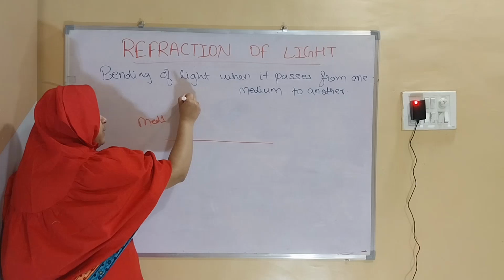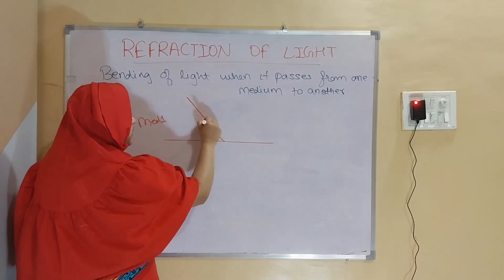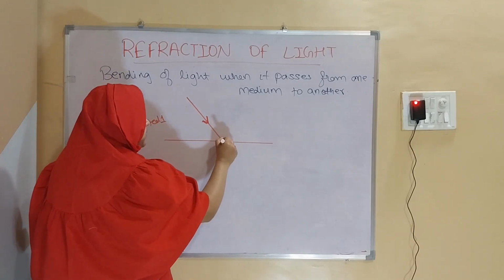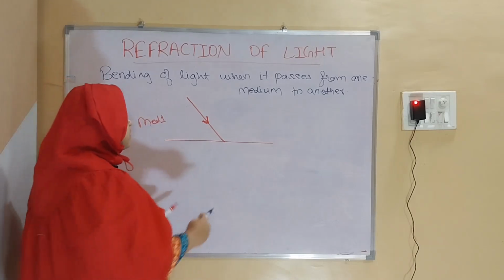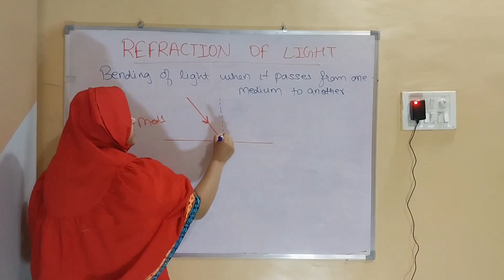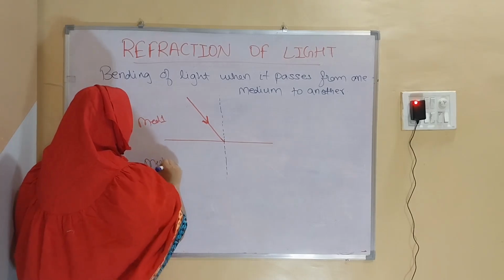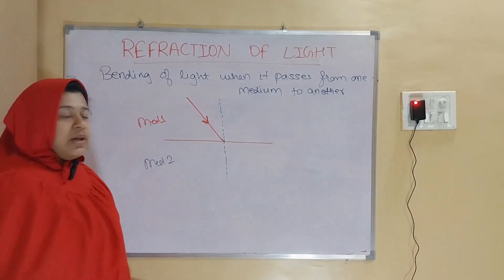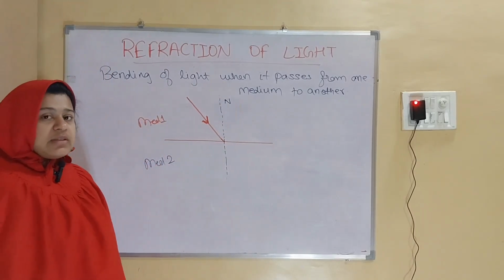This is medium 1. This is the ray of light. Now, this is a perpendicular which is drawn at the interface of medium 1 and medium 2, and this perpendicular is known as the normal.